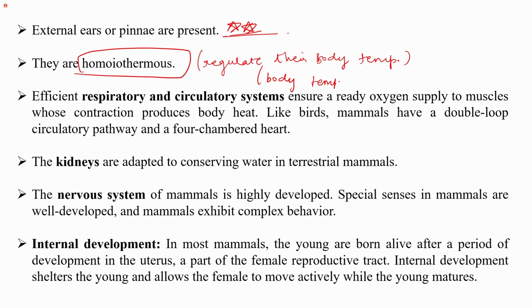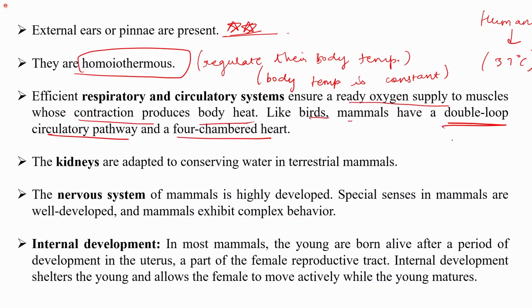They have an efficient respiratory and circulatory system that ensures a rapid oxygen supply to muscles whose contraction produces body heat. Like birds, mammals have a double loop circulatory pathway and a four-chambered heart. So just like birds, they have the right atrium, then the right ventricle.